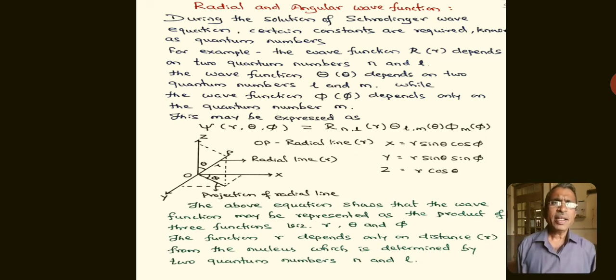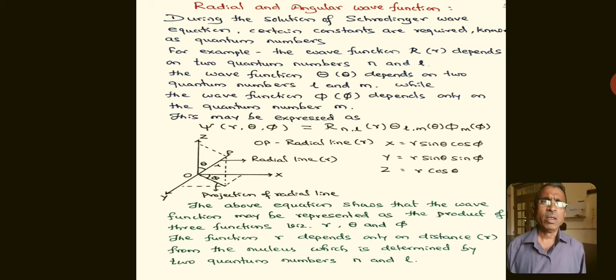Now, let us study radial and angular wave functions from these polar coordinate equations. During the solution of the Schrödinger wave equation, certain constants are required, known as quantum numbers.